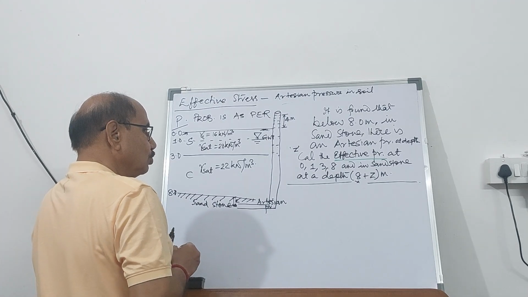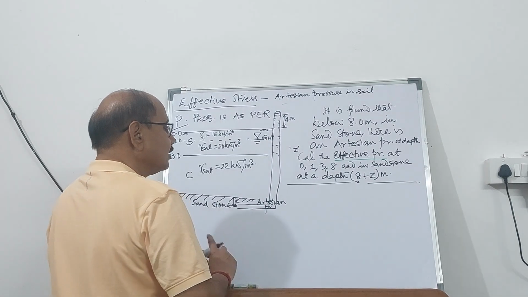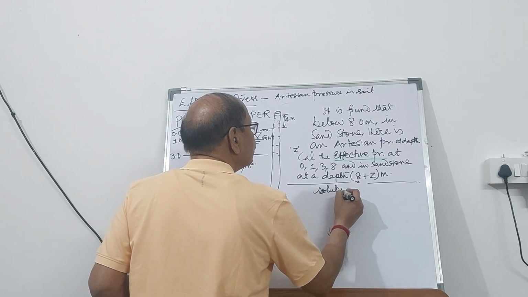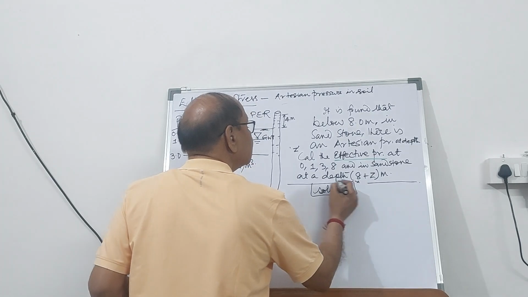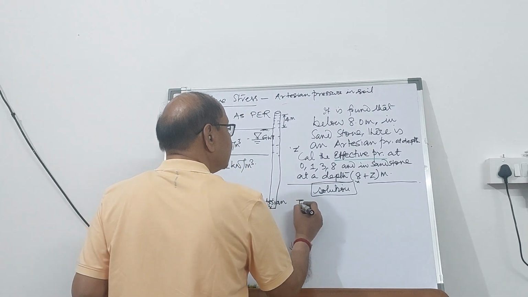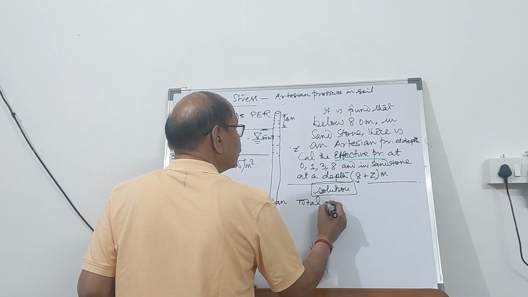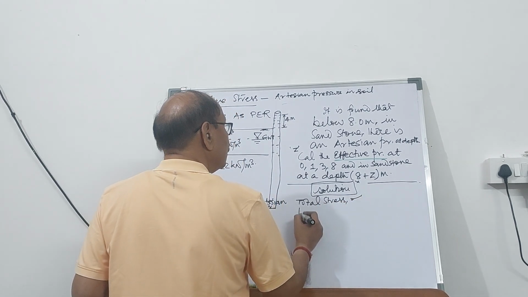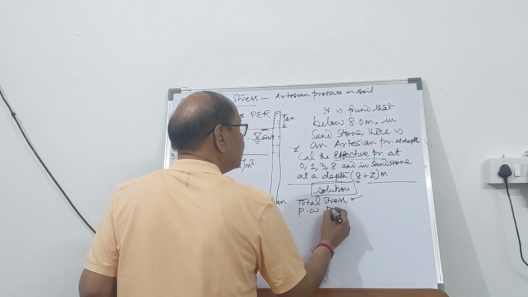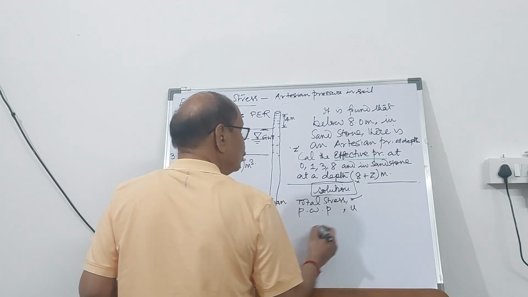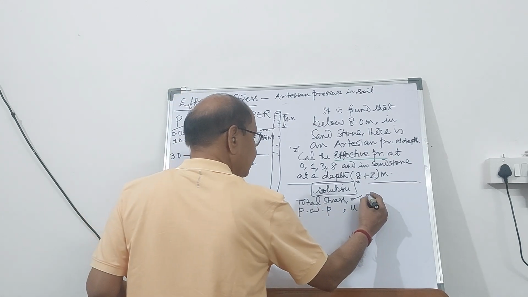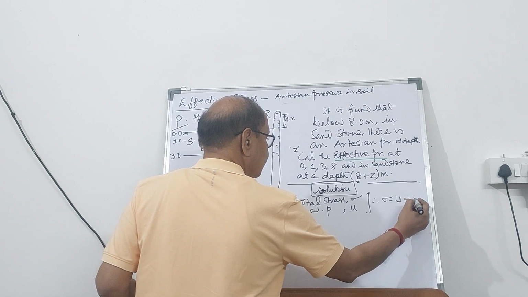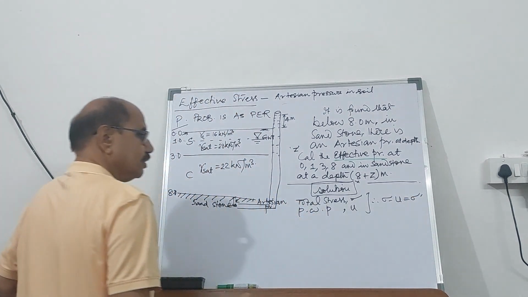And you know, to compute the effective stress, you need to calculate, in the solution part, the total stress sigma, the pore water pressure u, and then sigma minus u becomes the effective pressure sigma prime.